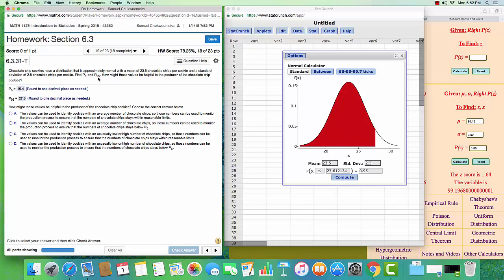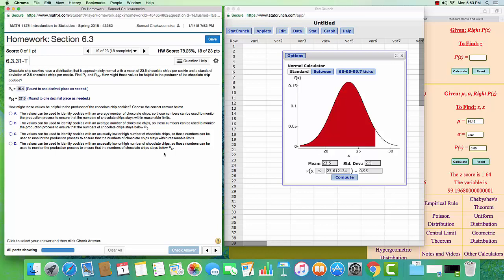What about the 95th percentile also? They asked us these two values, not just one value. And if it stays below the 5th percentile, some people like chocolate chips. Some people will want a lot of chocolate chips in their cookies. So if they see only one chocolate chip in a big cookie, they might not be happy.